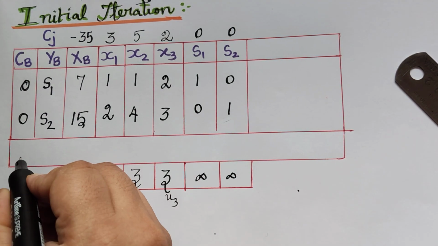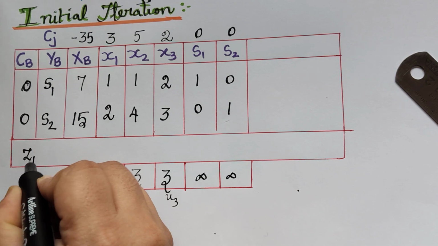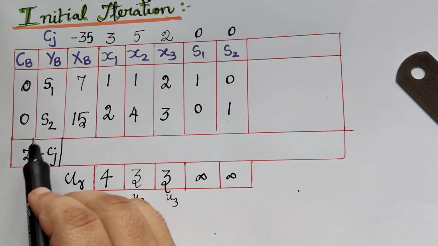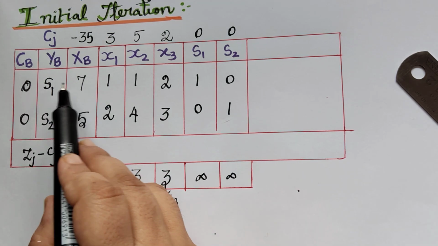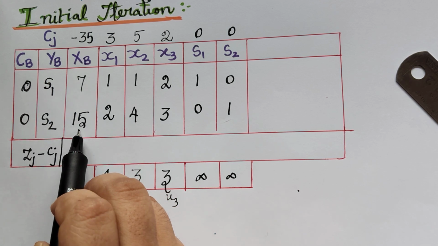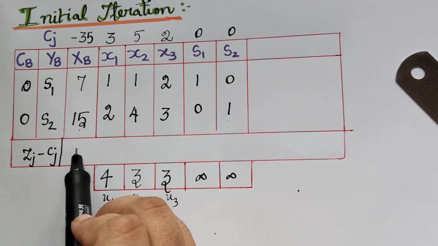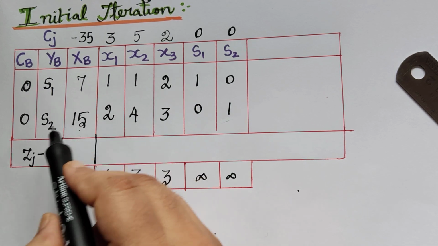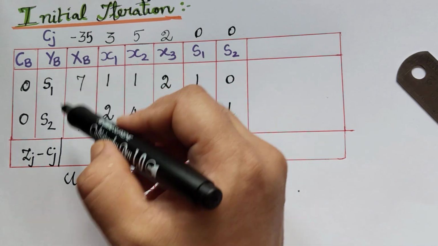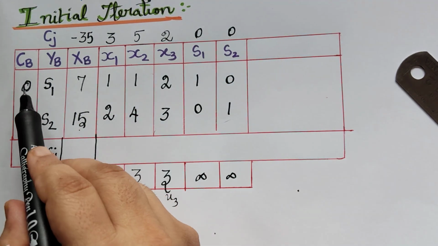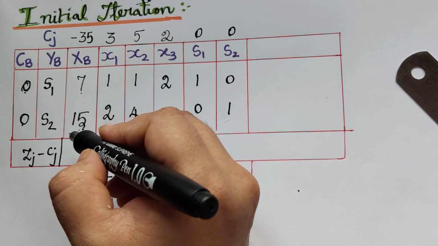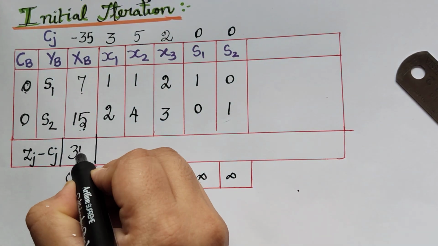The next step is we have to find zj minus cj. Zj is the product of these two values, that is 0 into 7 plus 0 into 15 for this column, and then cj are the values that we have to subtract from the obtained value. For this column, 0 into 7 plus 0 into 15 are both 0, so minus of minus 35 will give us 35.